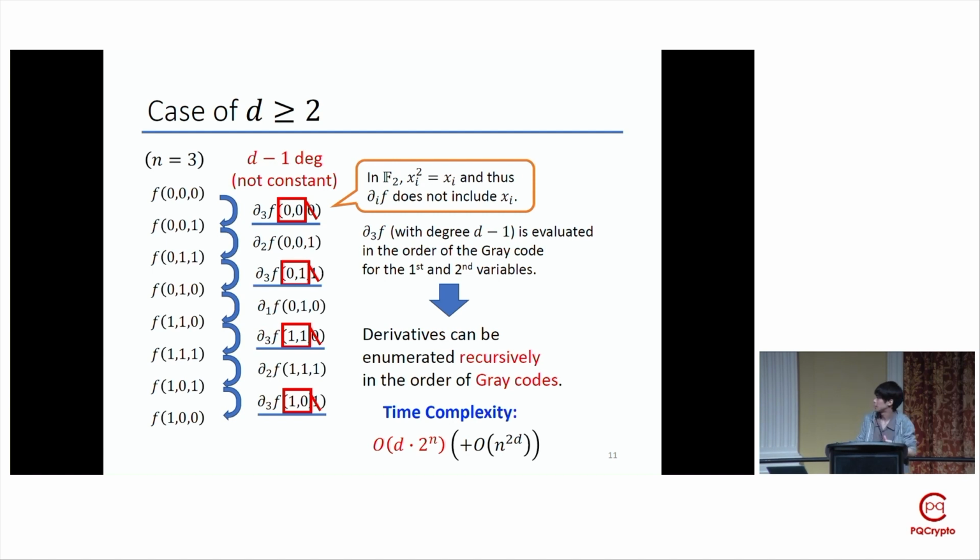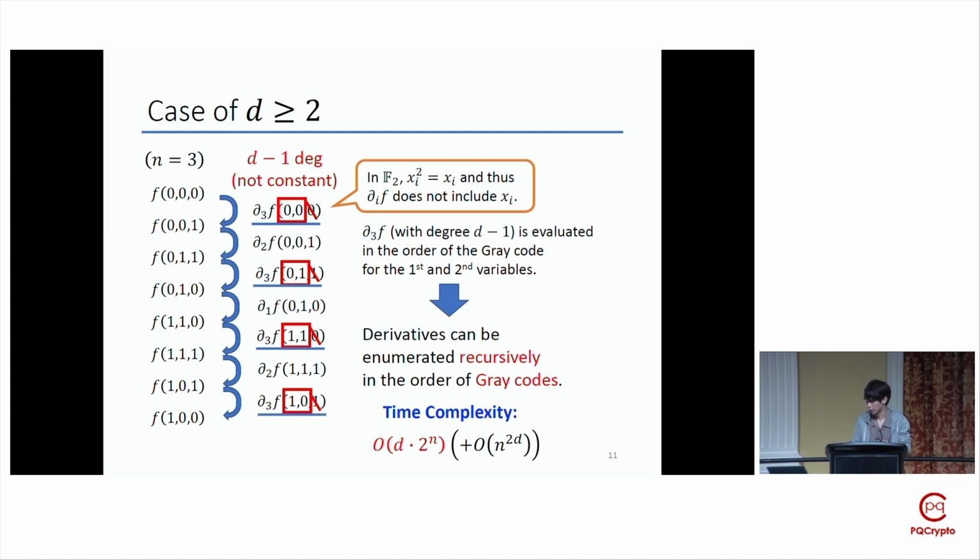So we can cancel the third variable here, and we can regard this ∂_3 f as a function with 2 variables x1 and x2, and these 0,0, 0,1, 1,1, 1,0 can be seen as gray code ordering. Like this, we can recursively enumerate all derivative values in the order of gray codes using derivatives.